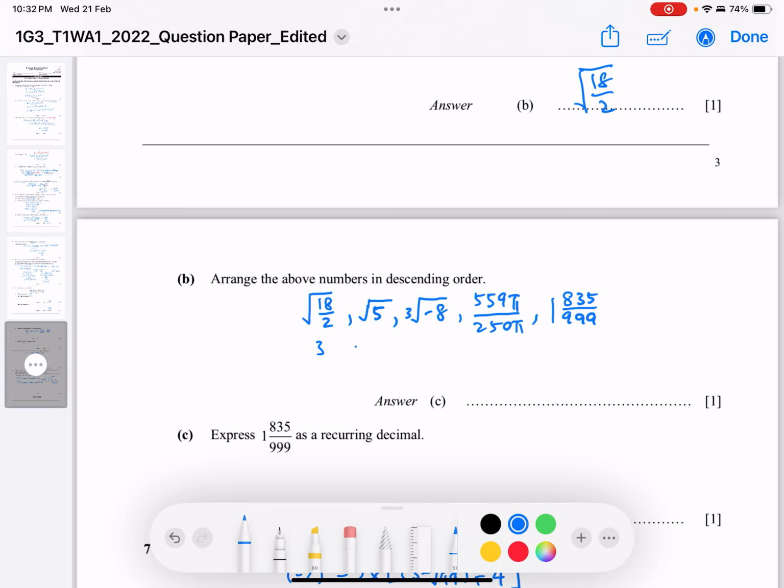Alright, then the second number is 2.236. The third number is negative 2. And the fourth number is 559 divided by 250, which is also 2.236.